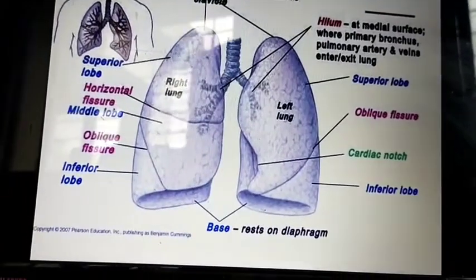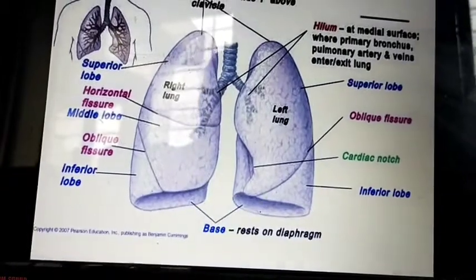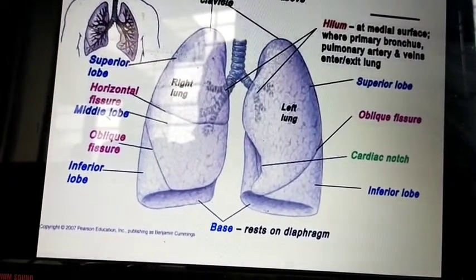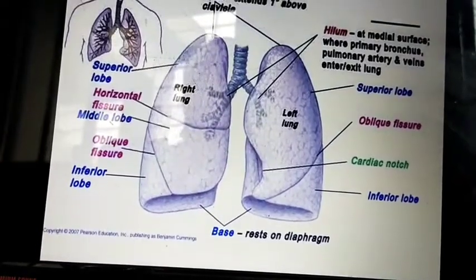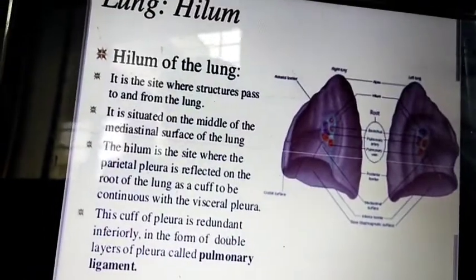The hilum is present at the medial surface or mediastinal surface of a lung, where the primary bronchus, pulmonary arteries and veins enter and exit the lung.